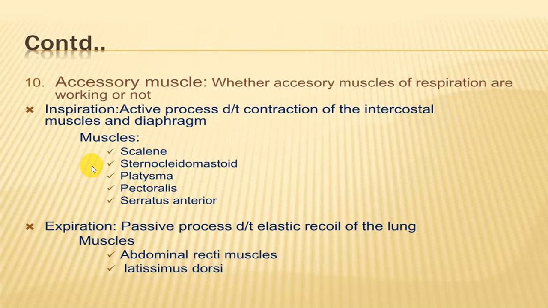So whenever a person is using these particular muscles during deep inspiration, those we call accessory muscles of respiration. During expiration, you are taking advantage of the abdominal recti muscle and latissimus dorsi.